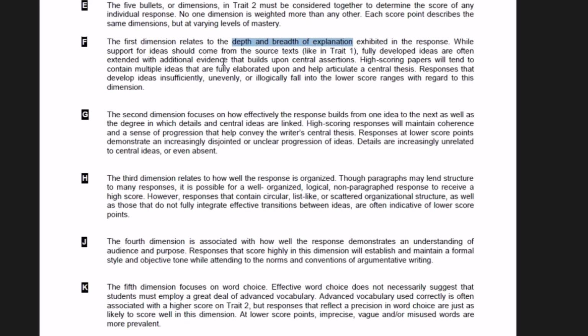Explain why you picked that piece of evidence and why that piece of evidence is stronger than the other side's evidence. Letter G. The second dimension focuses on how effectively the response builds from one idea to the next, as well as the degree in which details and central ideas are linked. So basically, are you staying on topic?